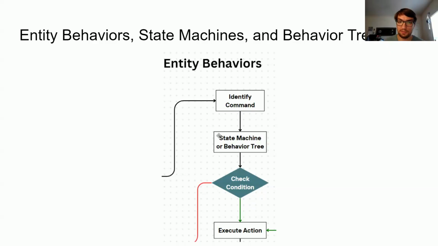Another very important thing about an implementation like this is the ability to check whether or not the command is actually done. And that's usually done inside the state machine or behavior tree, which basically tracks the overall system state for this entity, whether it's currently driving or in a loiter or something like that, just a bunch of states, and it handles how those states transfer between each other.